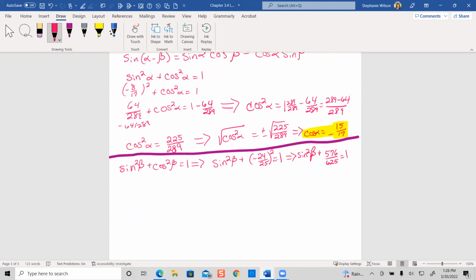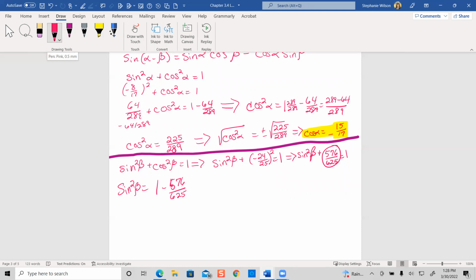So now let's take that sine squared beta, set it equal to 1 minus 576/625. That means I need to subtract this from both sides.